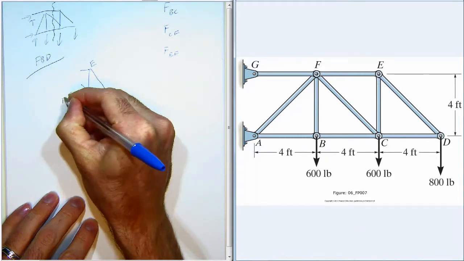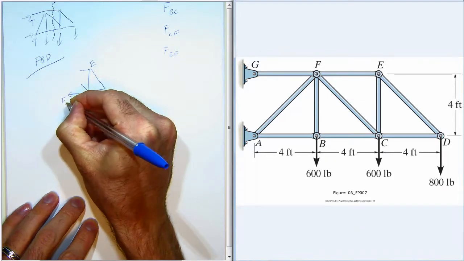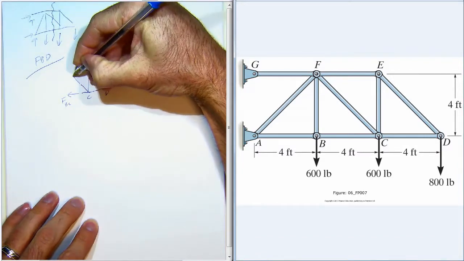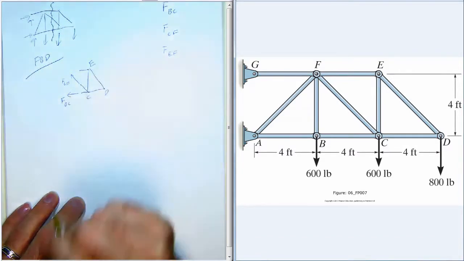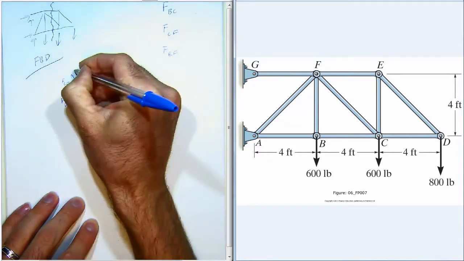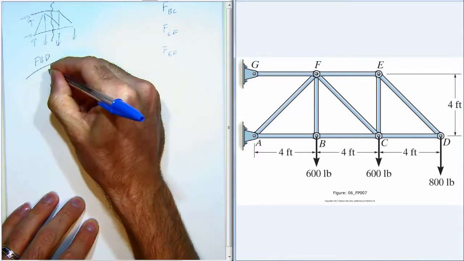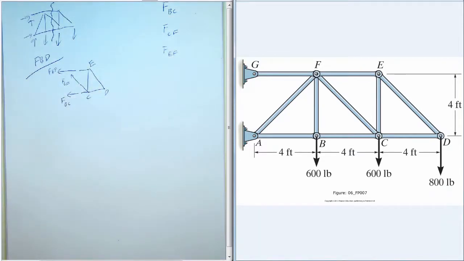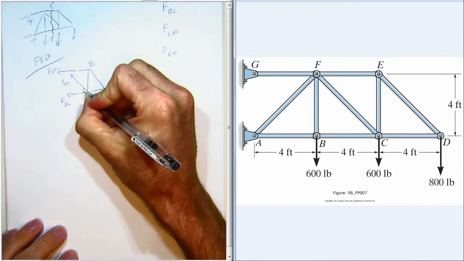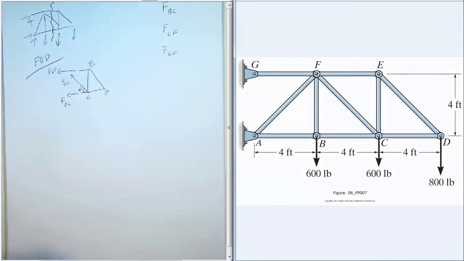So this is FBC, FCF, and FEF at the top. And that is a 45-degree angle. So there's our free body diagram for this section of the truss.